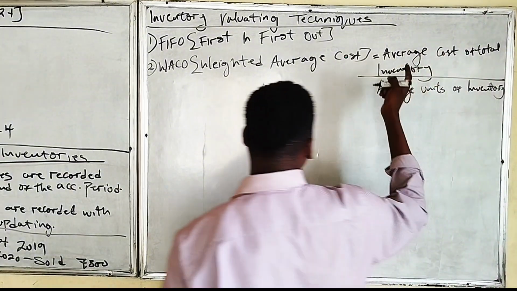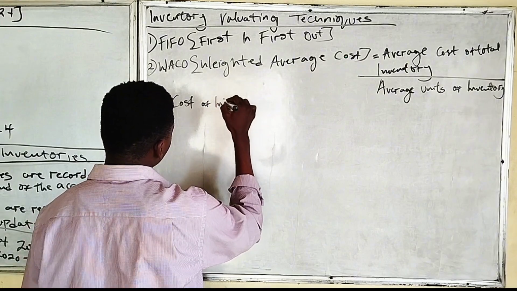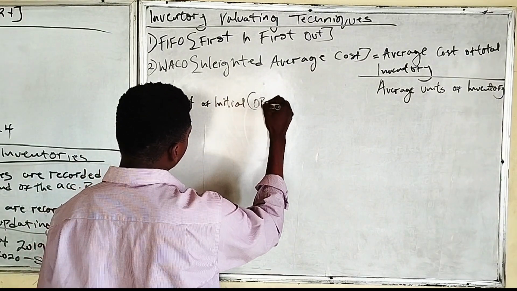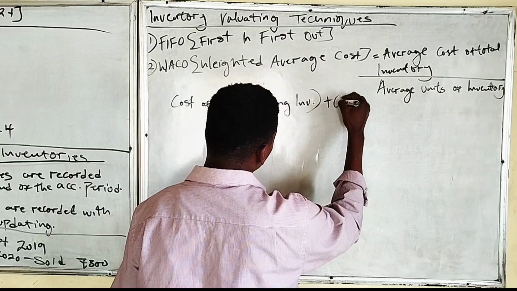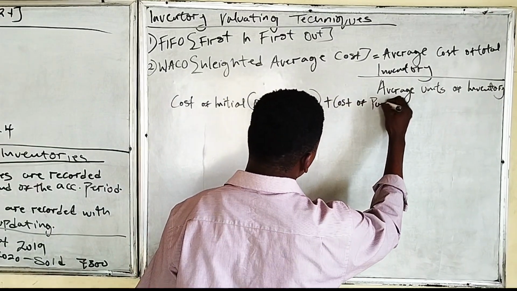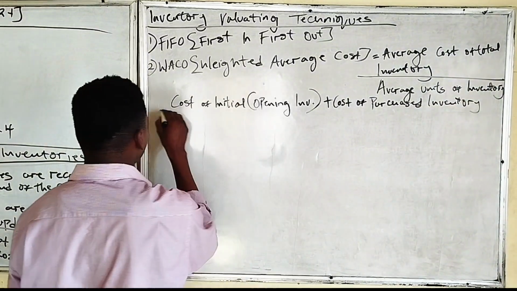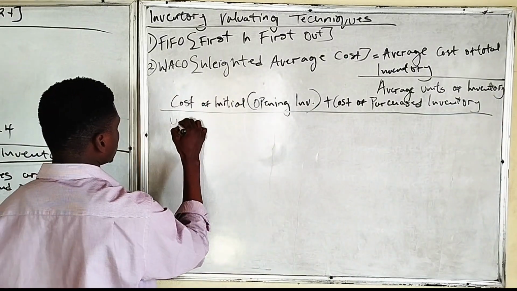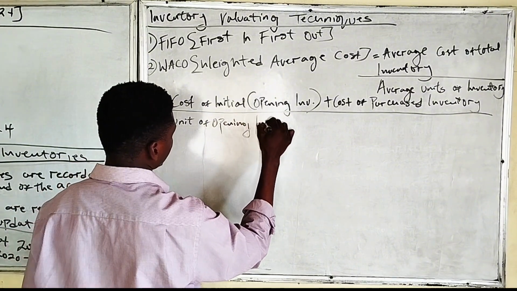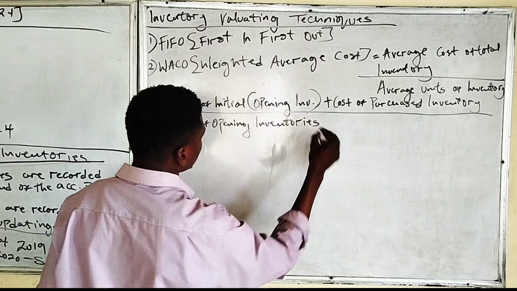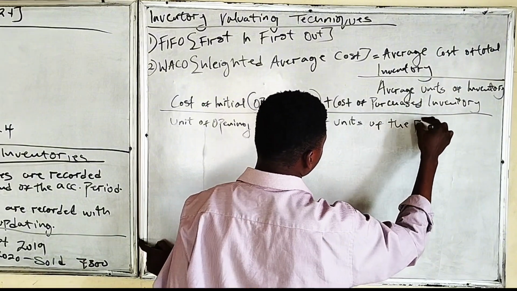So it means that this average cost of total inventory will include the cost of initial or opening inventory plus the cost of purchased inventory, divided by the units of the opening inventories plus the units of the purchased inventory.